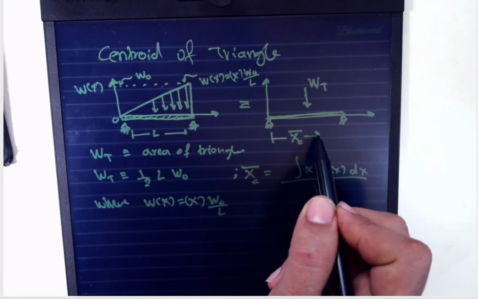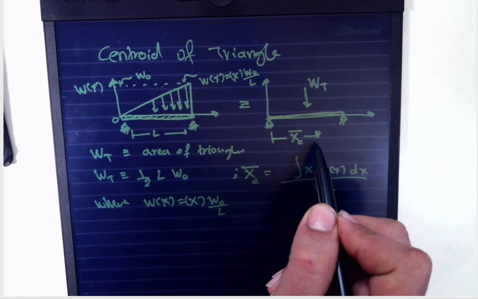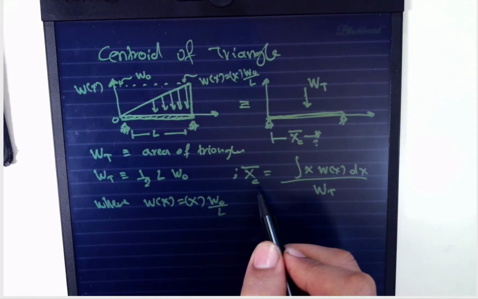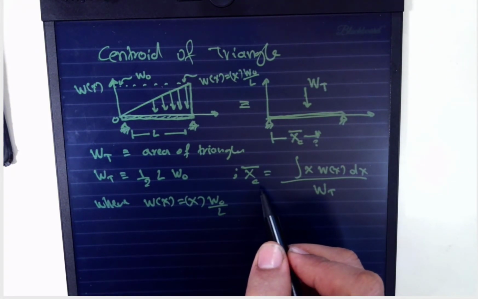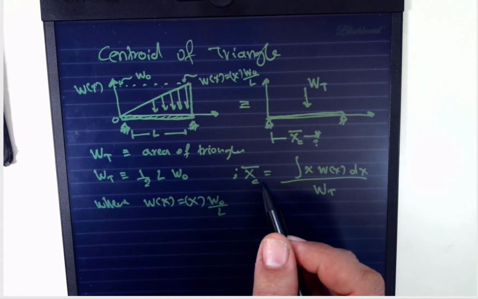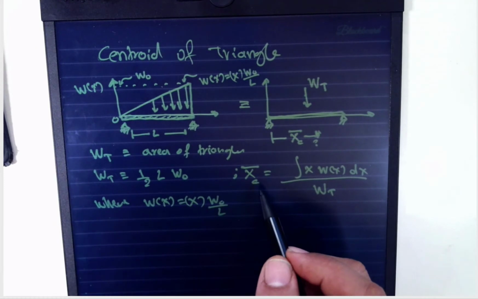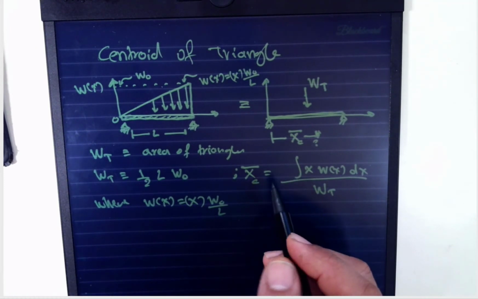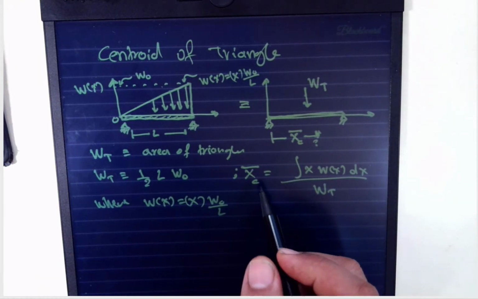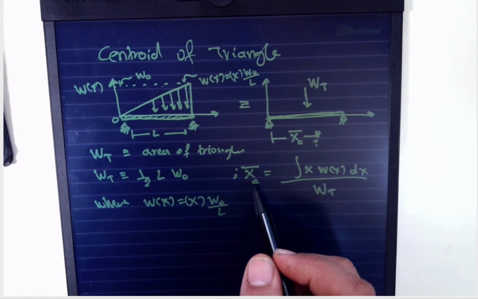Its location is somewhere here. We want to find out how much that is. We said we will use the moment equation to make sure that the centroid, or the location, provides an effective equivalency.